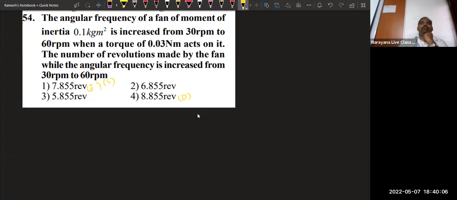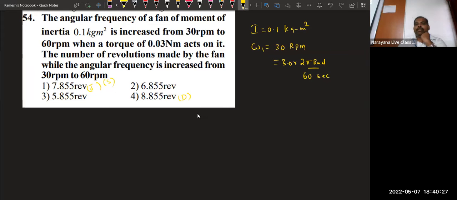So let us check. Let me verify. The moment of inertia is given, 0.1 kg into meter square, and what is the initial angular speed? 30 rotations per minute. Rotation means 2 pi radians, per minute means 60 seconds. 3 ones are 3, 3 twos are 6, 2 cancels out.